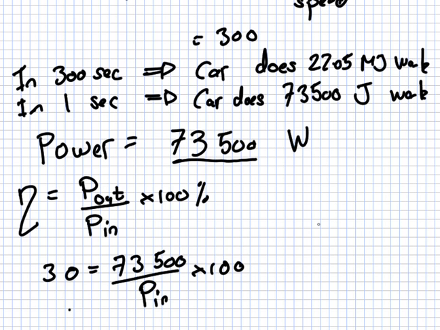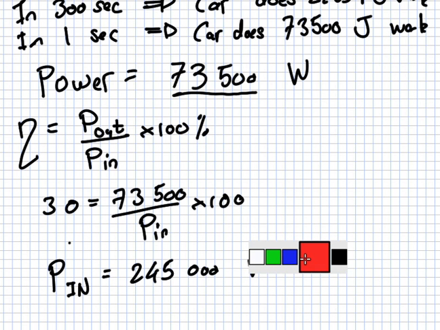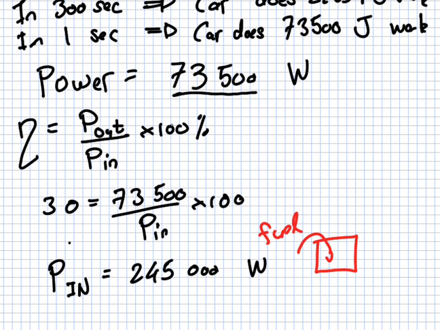Yeah? So 30 divided by 100 divided by 73,500, flip that around. So then you get power in equals 245,000 watts. So this is how much power must go into the car from the fuel. And then this is how much power comes out of the car in the form of movement.